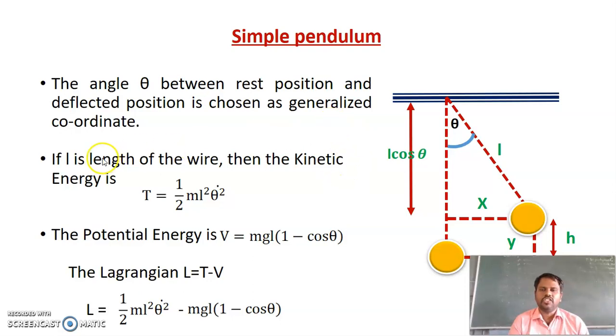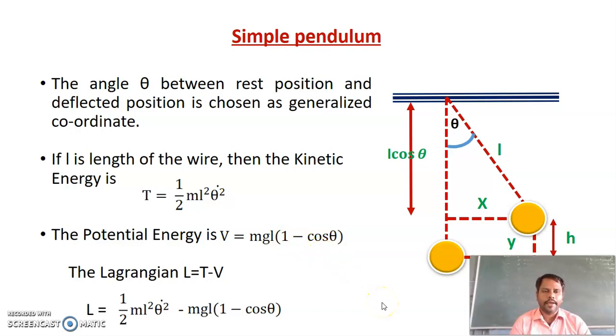The kinetic energy is given by half m L square theta dot square. The potential energy is mgh, where h is equal to L minus L cos theta. So the potential energy V is equal to mgL into 1 minus cos theta.